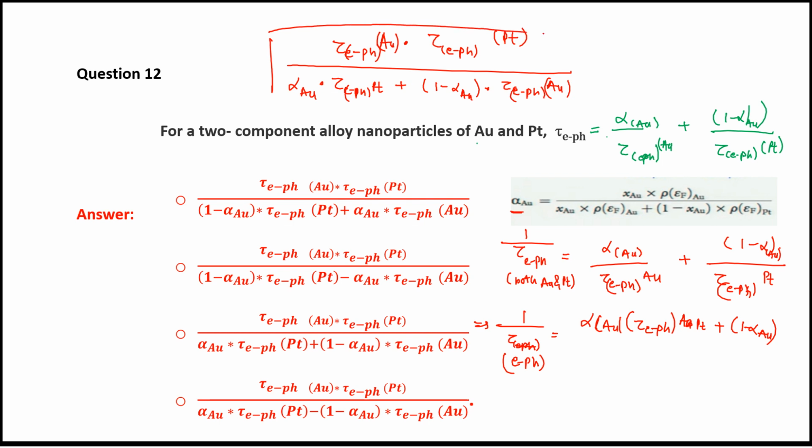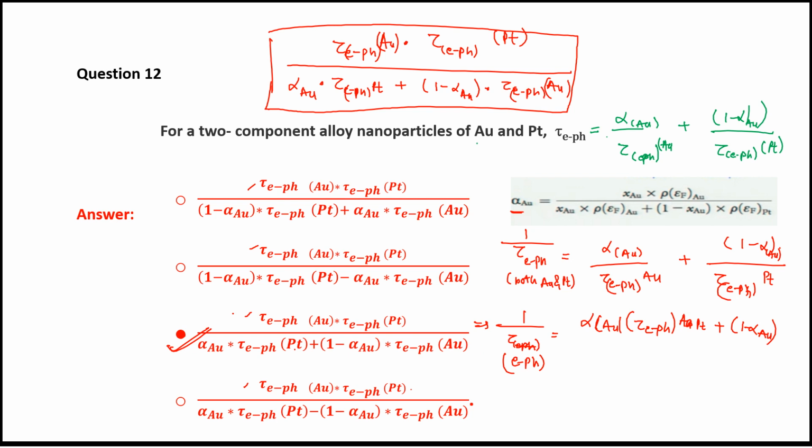Based on all the options given, the numerator term is almost constant in every case: tau EPH of AU multiplied by the time constant of platinum. Upon this, the mole fraction of AU is multiplied with that of platinum, and the mole fraction of platinum with AU. So this is the right option in our question.